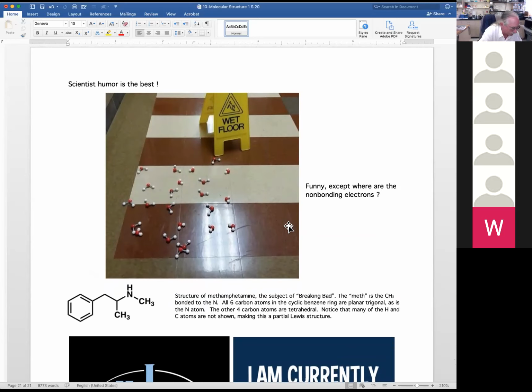Brings me to something I want to point out. Just because you're a smart person who knows chemistry does not make you a good chemistry teacher. So here's what they're trying to show you for water molecules, right? You don't know how mad I get when I have to spend all this money on models, and they send me stuff like this where there's no other holes right here.